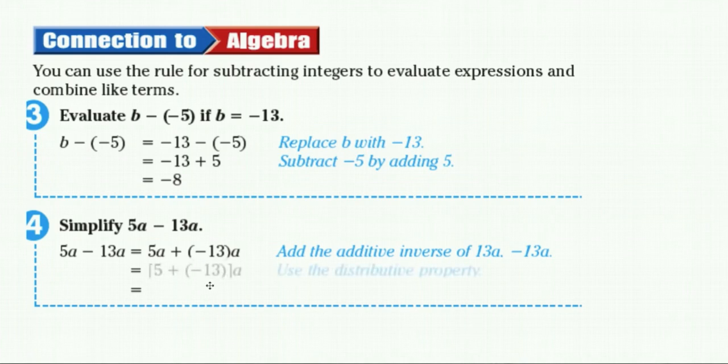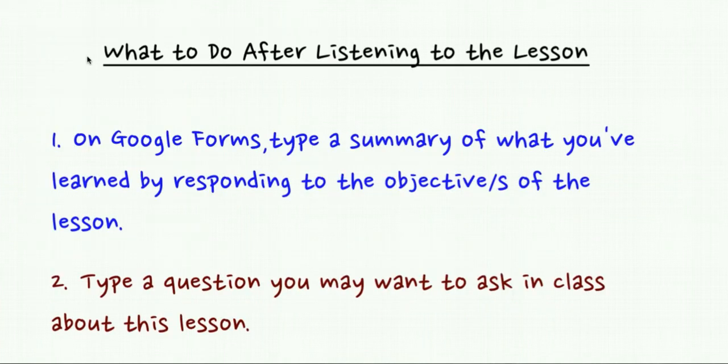Using the distributive property, you simply have 5 plus negative 13 in brackets multiplied by a, and simplifying 5 minus 13, that's negative 8a. So that is example number 4, and we've come to the end of our lesson.